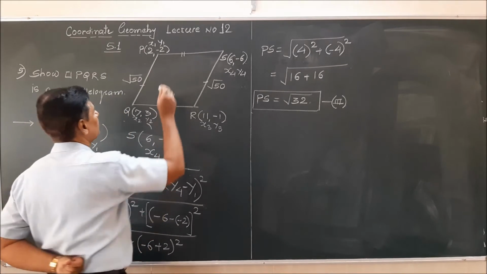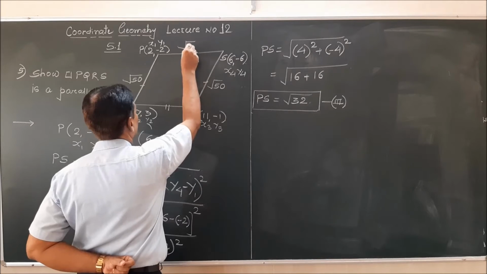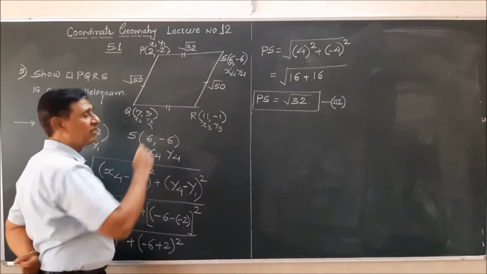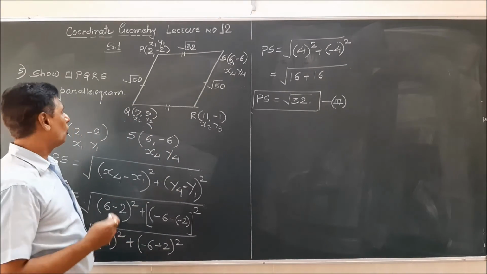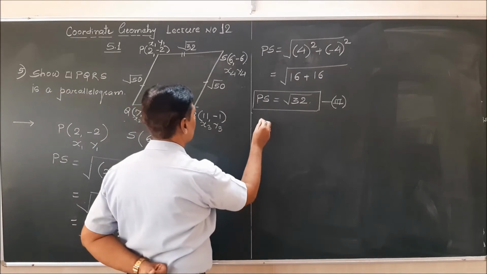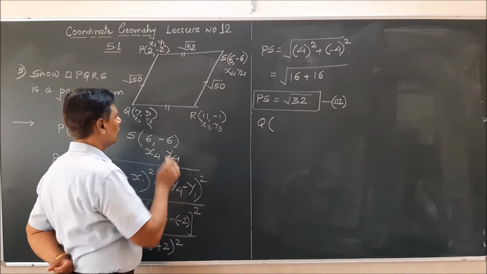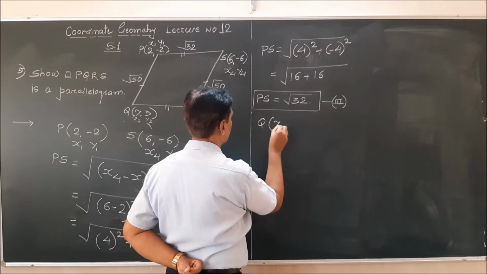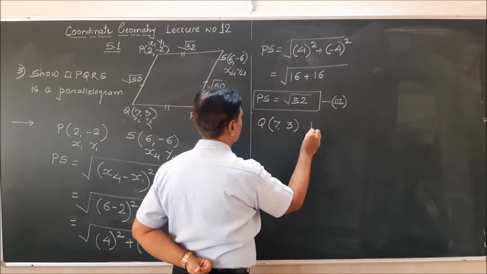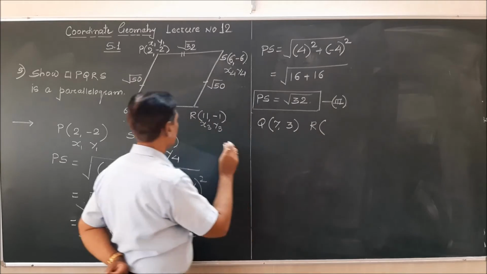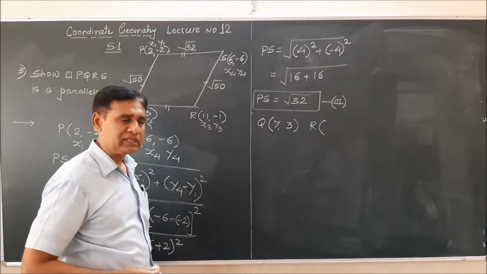Now I am going to see what is the value of QR. Now coordinates of Q are 7, 3, while that of coordinates of R are 11, minus 1.